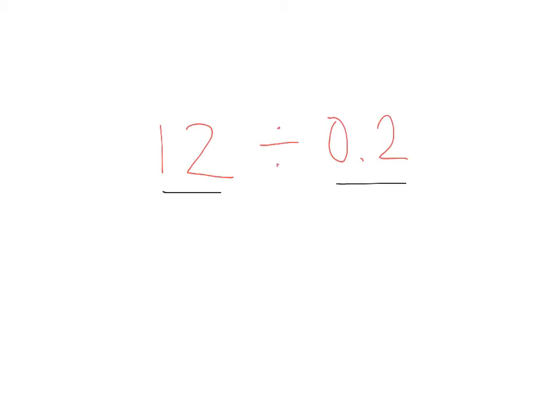So here I'm just going to set it up 0.2 divided into 12. Okay, now, unlike the last problem, when I move this over, I don't have a decimal point there, so I have to put the decimal point down because it's going to be at the end of the 12, because even though it's not written that way, we know the decimal point goes there because the 2 is in the ones place.